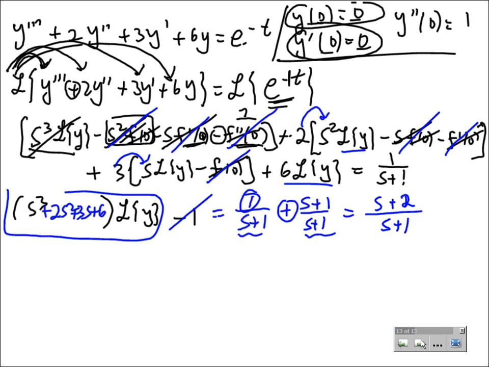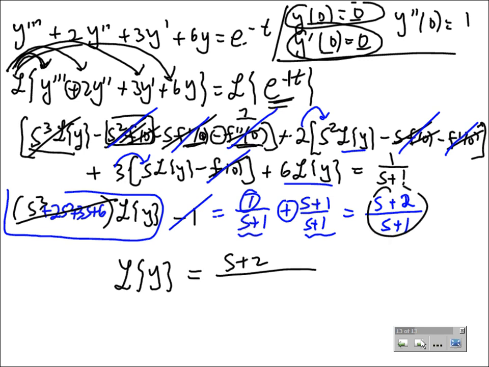Dividing by how many L of y's we have, that is dividing by this number, we get L of y is this, s plus 2 over s plus 1 divided by this number, s cubed plus 2s squared plus 3s plus 6. The whole problem comes down to solving this inverse.